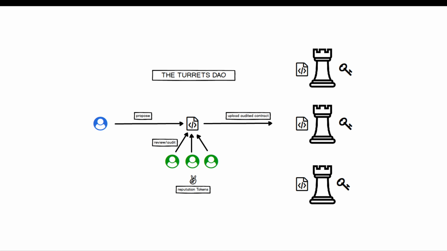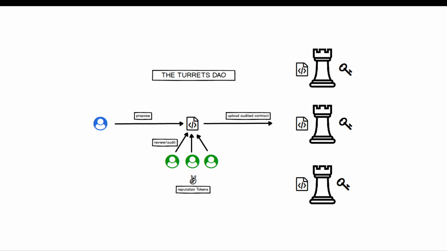How is the Turrets DAO going to solve this problem? It is shown in this slide. Members of the Turrets DAO are, for example, Stellar smart contract developers. A Stellar smart contract developer can propose a smart contract which has to pass an audit.